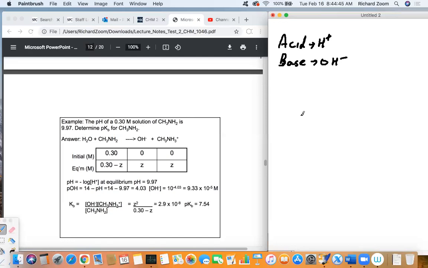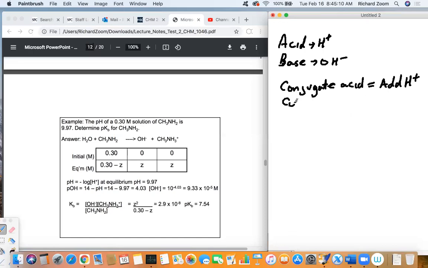Okay. Now I'm going to introduce another couple of terms to you here. Conjugate acid and conjugate base. To get a conjugate acid, you would add H plus to something.